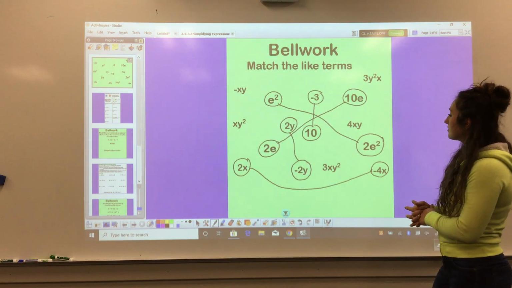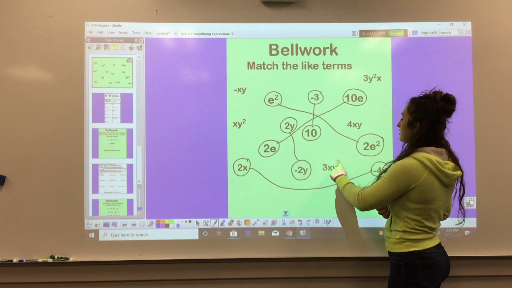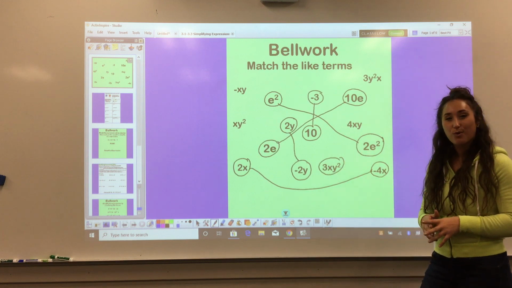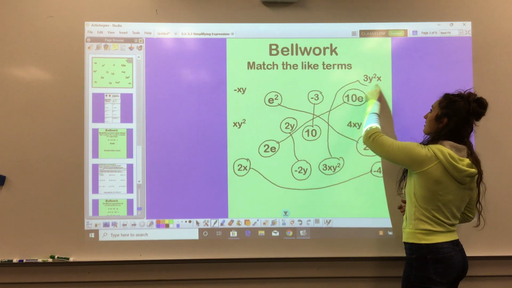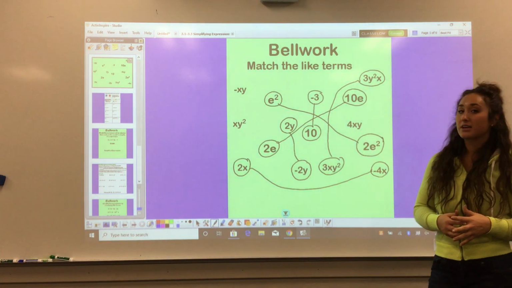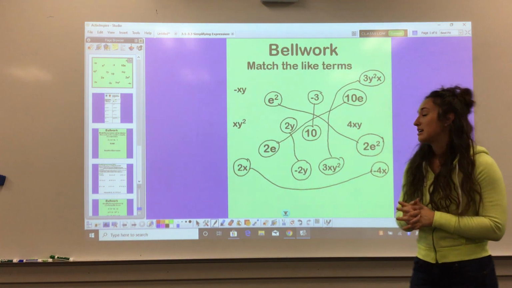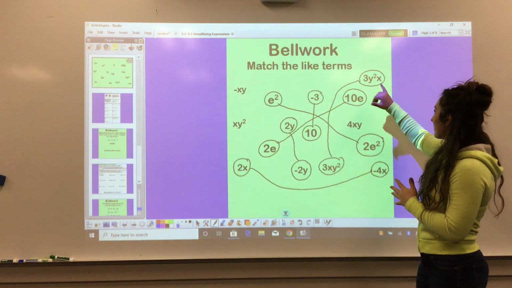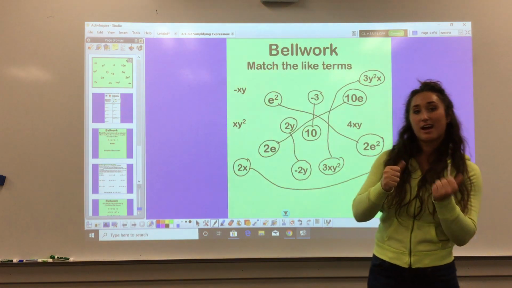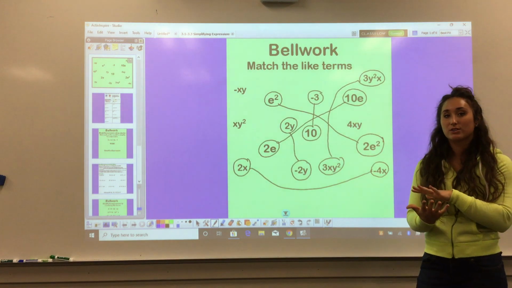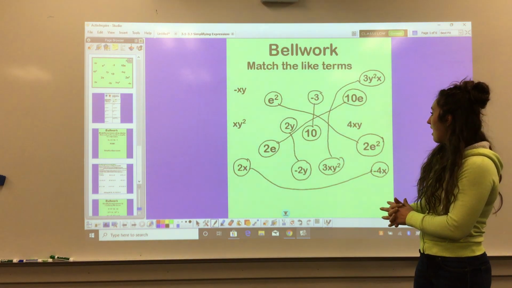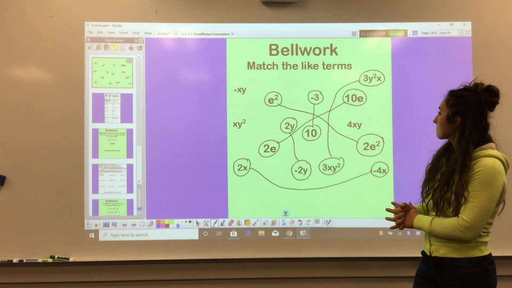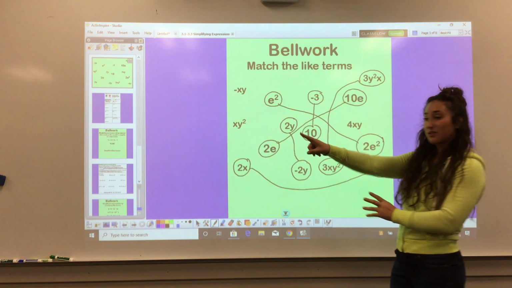Let's do 3xy squared. That one actually matches up with 3y squared x. I know those are out of order, but x times y squared would be the same as y squared times x. So those are the like terms. Oh, and there's another one over here.